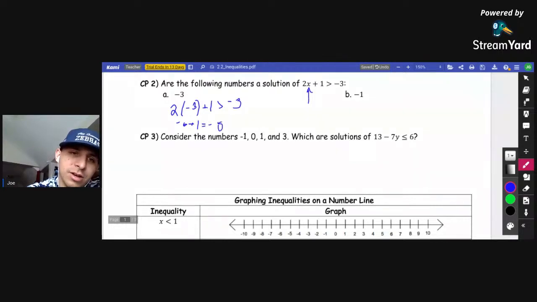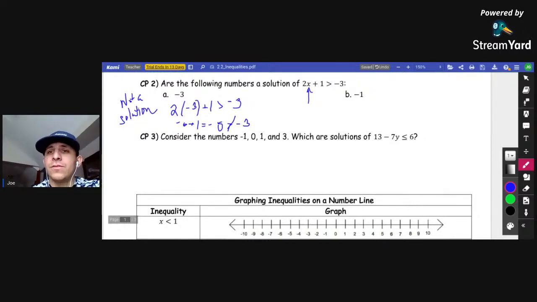And is -5 greater than -3? No. So not a solution.